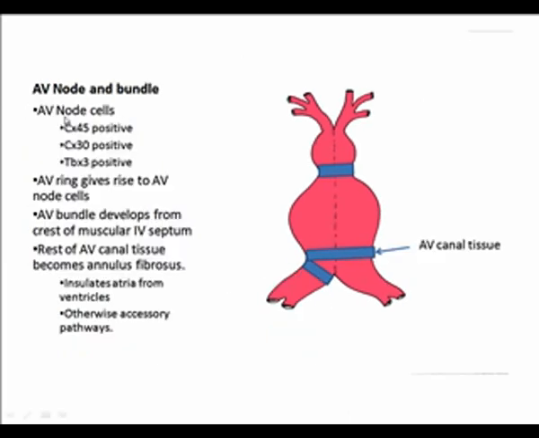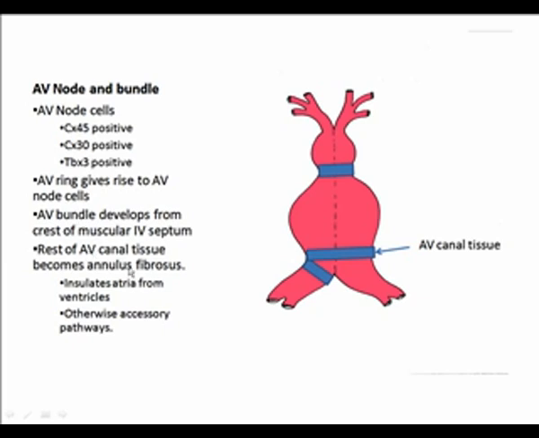The AV node, the AV nodal cells, arise from this AV ring tissue. And the AV bundle cells will arise from cells at the crest of that bulboventricular loop up here. So remember when we talked about the bulboventricular loop, it appears that at the crest of the muscular ventricular septum, some of these cells were going to contribute to the AV bundle.